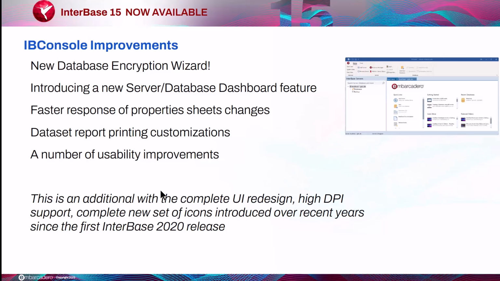We're also introducing a new server database dashboard with a summary of the data and status of the database IB Console is connected to. We've improved the response of property sheet changes, improved some of the report printing options, and done a very large number of usability improvements. IB Console remains the forefront and the most complete tool for managing your local and remote databases in development, but also for monitoring them in production.